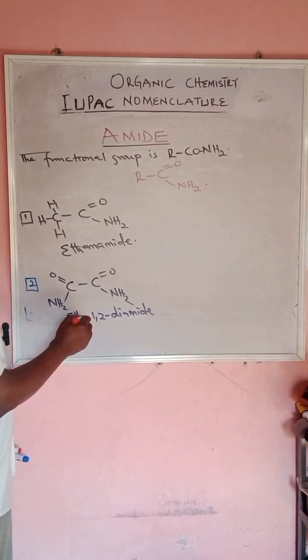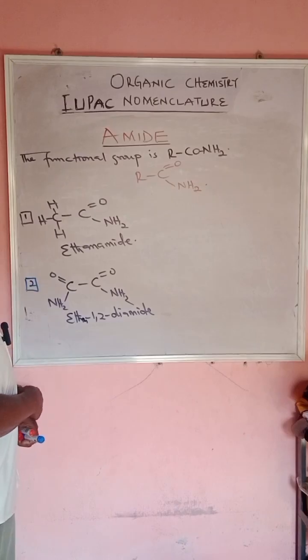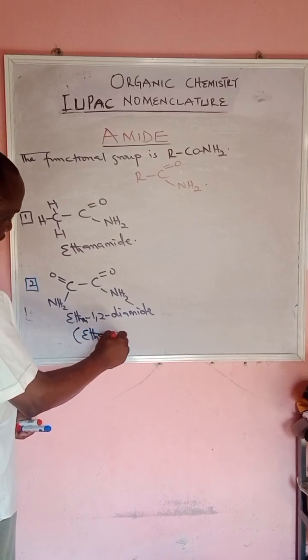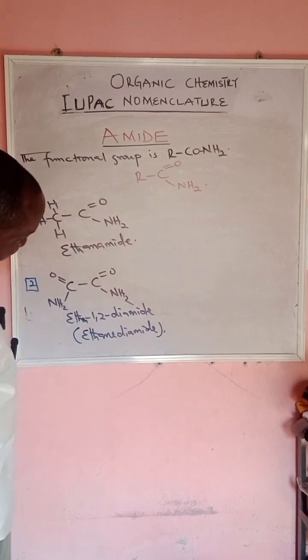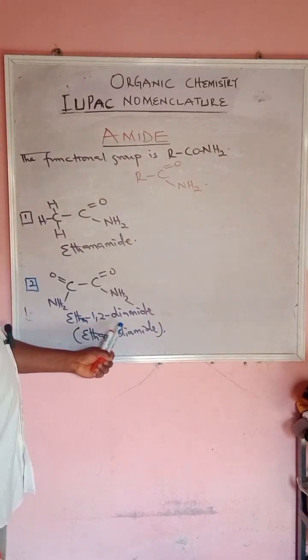You can call it ethane diamide. So if they call it ethane diamide or ethane-1,2-diamide, the di means 2 there. So let's see more of this.